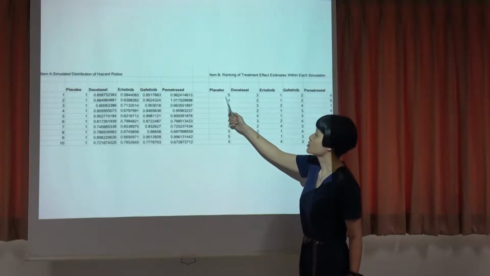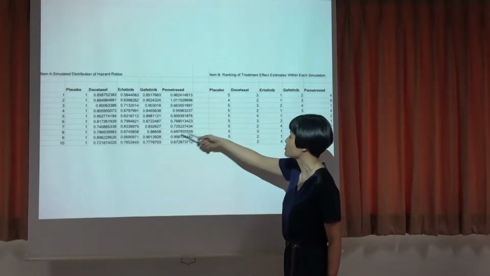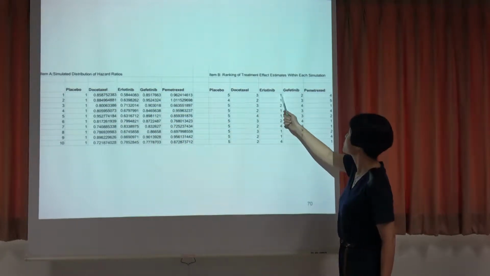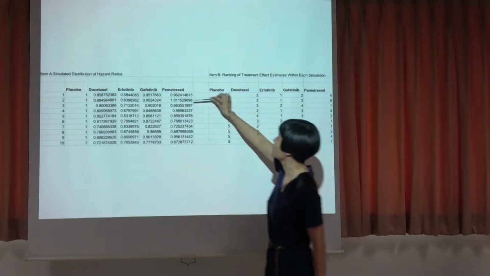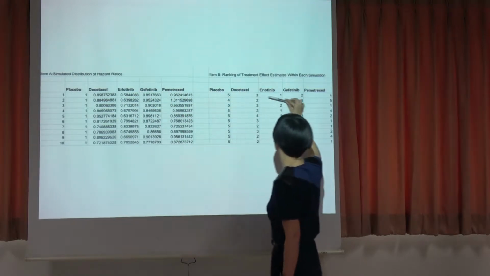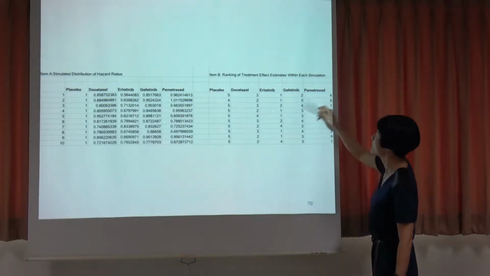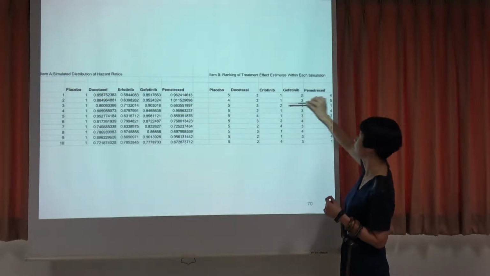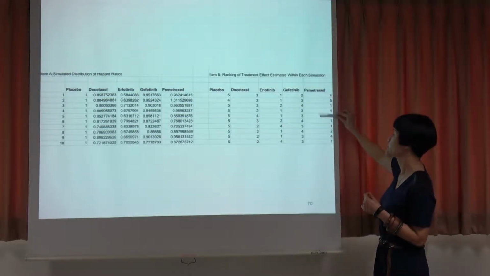So placebo's rank number 5 with an odds ratio of 1, and then erlotinib is ranked number 1 based on these estimates across this row, gefapixant number 2, and so on. And then for the next run, we're getting a slightly different ranking, and so on and so on.